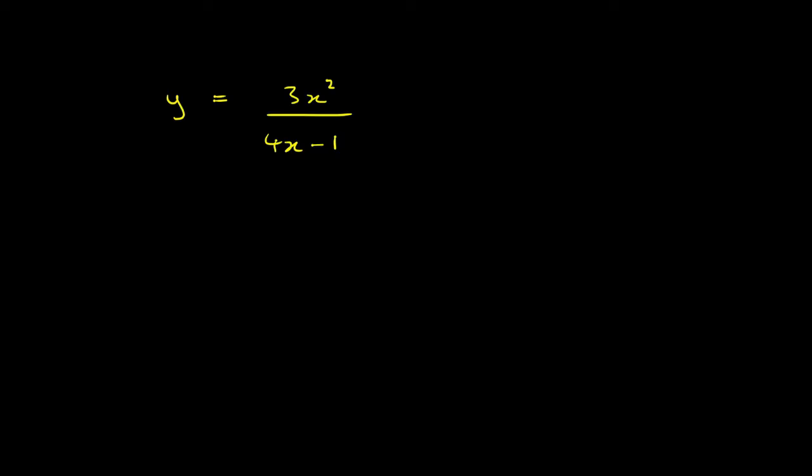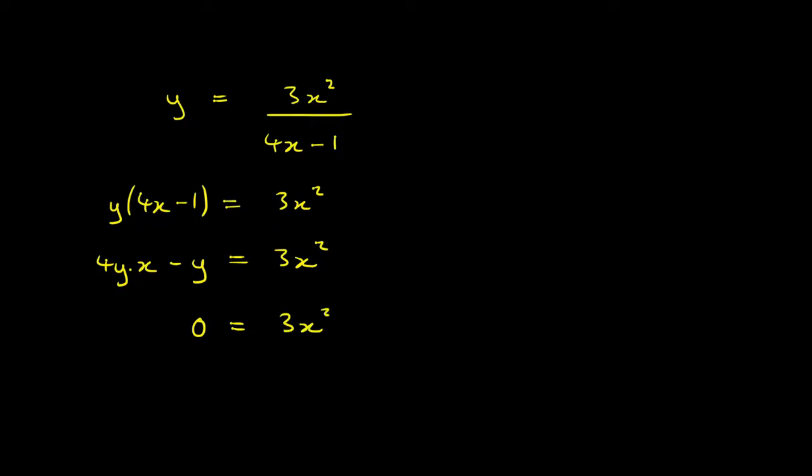So I'm going to get y times 4x minus 1 is equal to 3x squared. So this is 4y times x minus y is equal to 3x squared. And with a little bit of rearranging, that becomes 3x squared minus 4y lots of x, plus y.